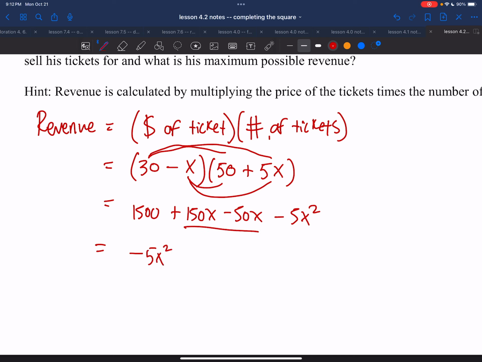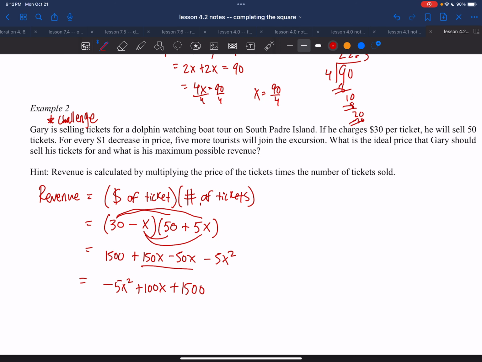This combines to be 100x and then plus 1,500. All righty. We're getting somewhere now, right? The hard part is done. This is what actually makes this problem so difficult, is figuring out what the heck quadratic actually models revenue, right? But it's the price of the ticket times the number of tickets, and these two equations help model that.